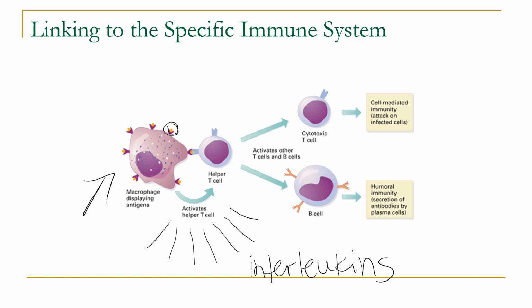So the first step really is, in that link from the second line of defense to the specific immune system, the macrophage taking its antigen to helper T, both sort of holding hands together, if you will, and calling for help by releasing interleukins. Once interleukins are present, then we can move on to the cell-mediated and the humoral responses.